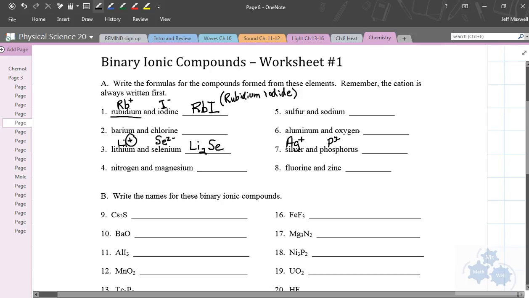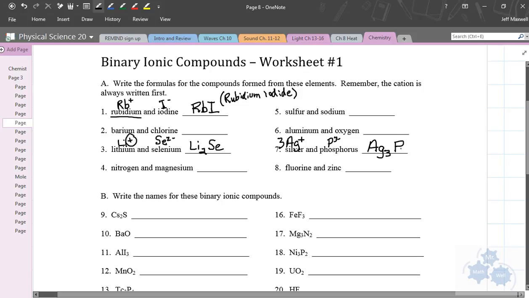So, what's the ratio of these now to get to a neutral compound? How many of each do we need? You only have 1 plus here, so you need 3 of those to match up with a 3 minus charge over here. Does everyone see that? So we actually need 3 of those. So the compound then is Ag, positive first, 3 as a subscript, P.